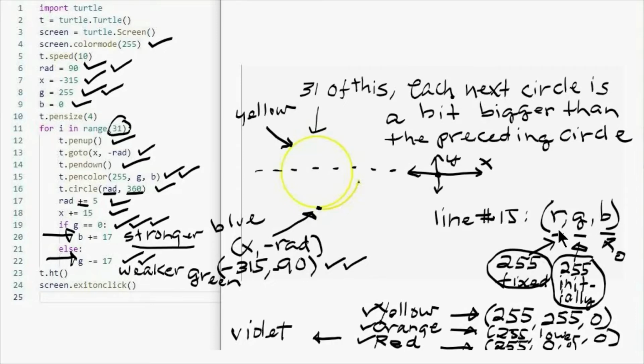Now that we have the first circle here, which is yellow, we'll have the next circle change in color a bit. We will have 31 circles in all. And these 31 circles will have varying colors, changing from yellow to orange to red and then to violet.